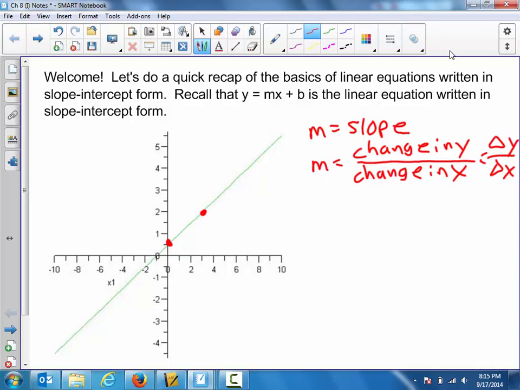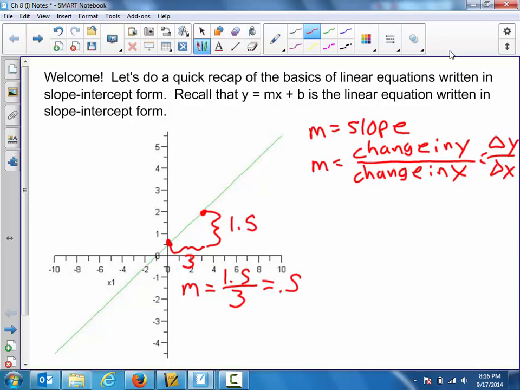So between these 2 points, my change from the lower to the upper is 3 units in x, and my change vertically, my change in y, is, let's see, 1.5. So my slope here, m, would be equal to 1.5 over 3, which reduces down to just 0.5 or 1/2. So there's slope given 2 points on the line.